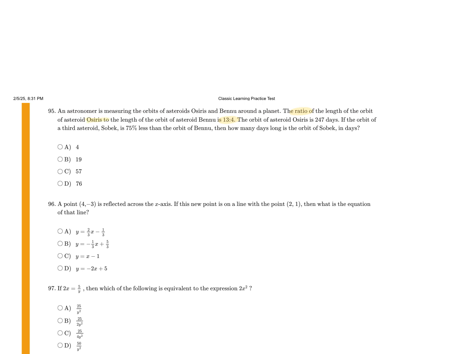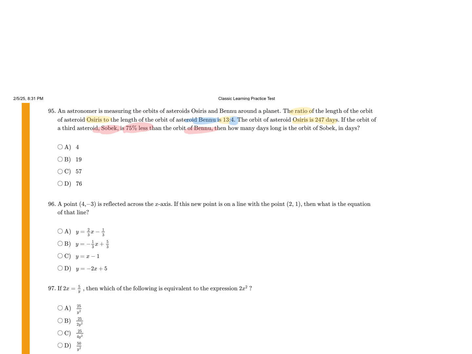And the 13 corresponds to Osiris, and the 4 corresponds to Bennu. The orbit of asteroid Osiris is 247 days.